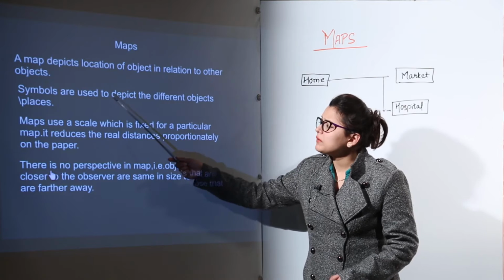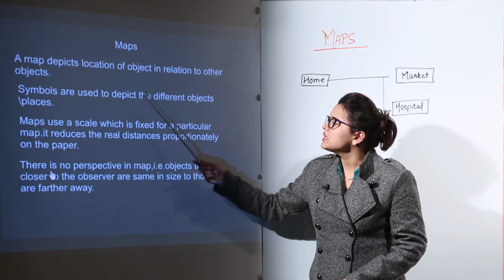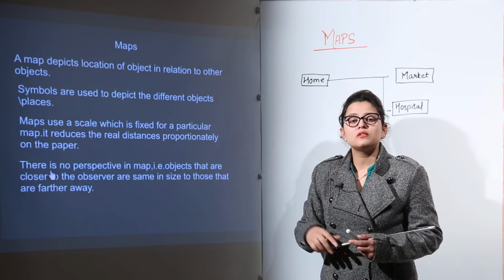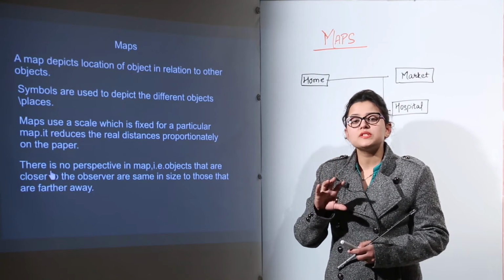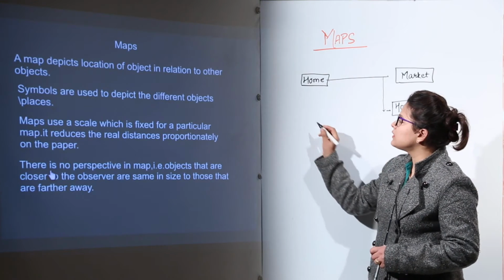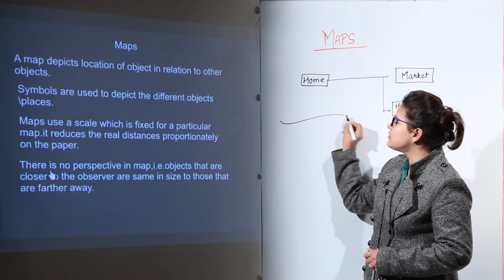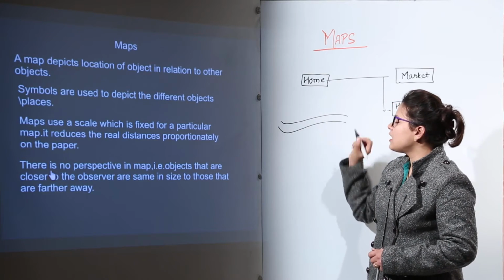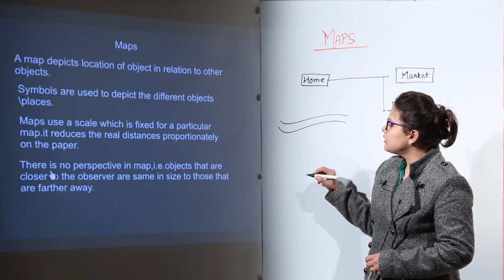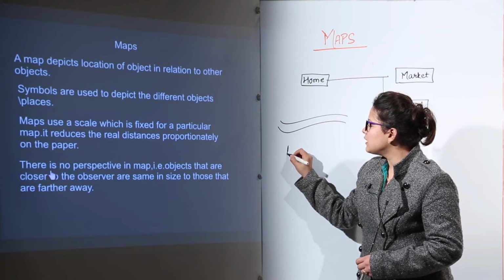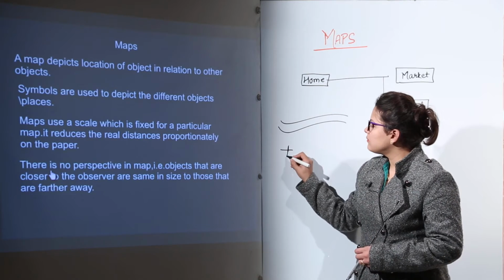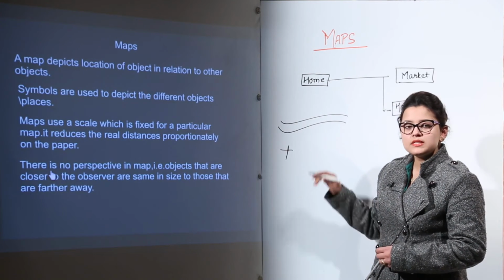The next is that maps are always going to use different objects and different places, and they are going to be depicted by using different symbols. Now what are symbols? We must have seen on the maps symbols like rivers or lakes shown with the blue color. We have the hospitals symbolized as a plus, right? And we have the temples, right?